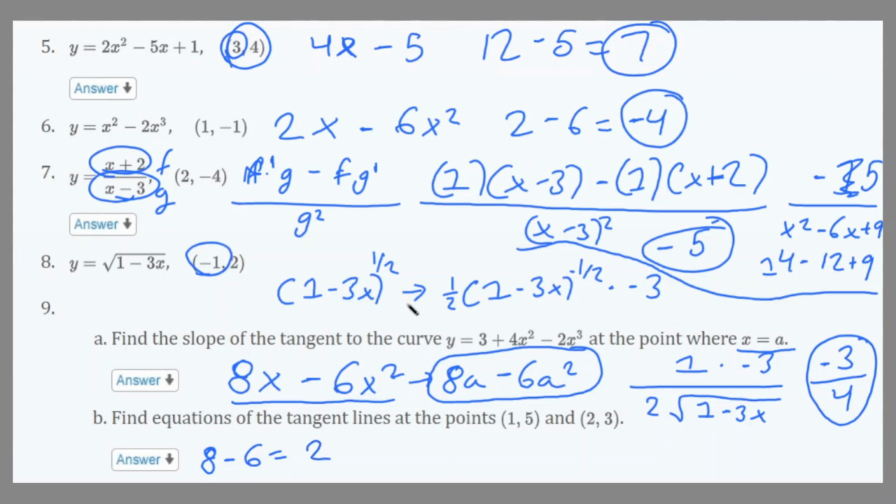So that would be 2. So 2 would be our slope for the first tangent line equation. And then for 2, 3, we would just plug in 2 here, which would be 16 minus 12, or rather 24. So that would be 8. So 8 would be the slope of the second line.